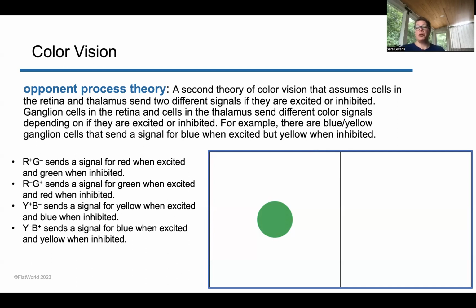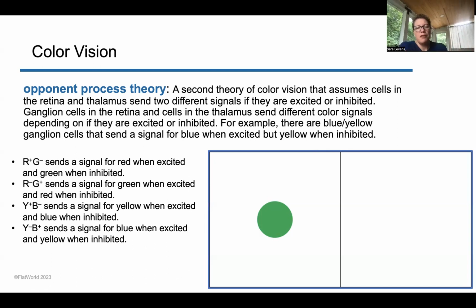You get that afterglow a lot with things, when you're looking at something for a particular period of time and how the system responds. Since recognizing that, researchers developed the opponent process theory.